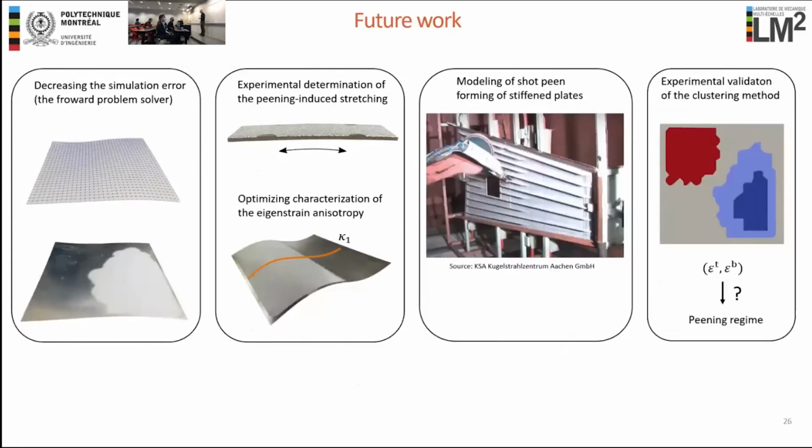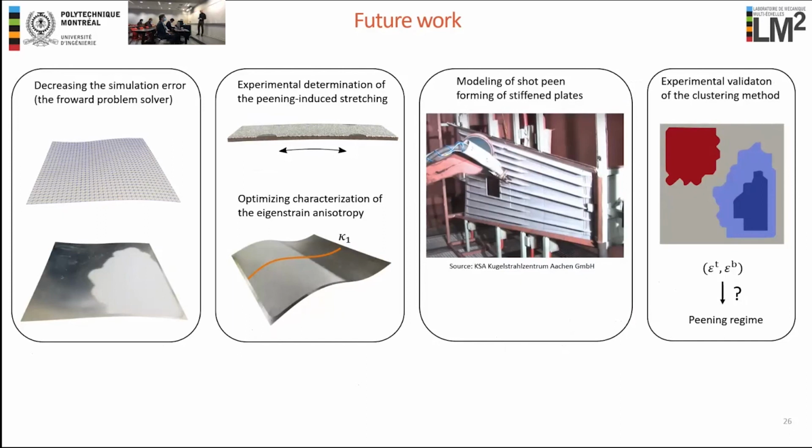So in future, we would like to recommend to dedicate the work to decreasing of the simulation error, of course. But the sources of error are defined and the avenues for their eliminations are proposed as well. So we hope that this will be done in the future.